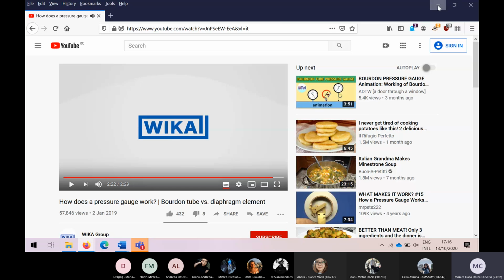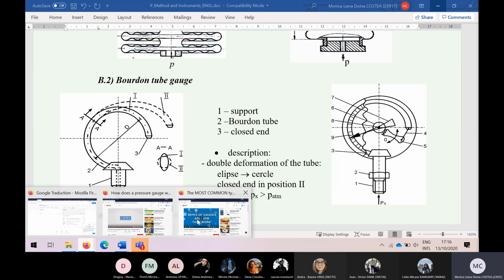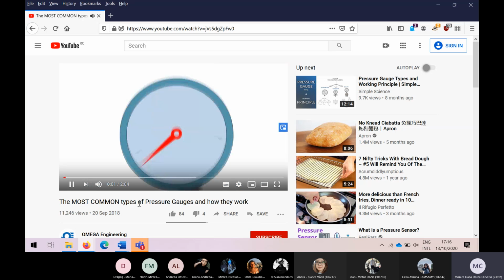Okay, that was nice, but let us also have a look at different types of gauges, which enlarge the field a little bit.